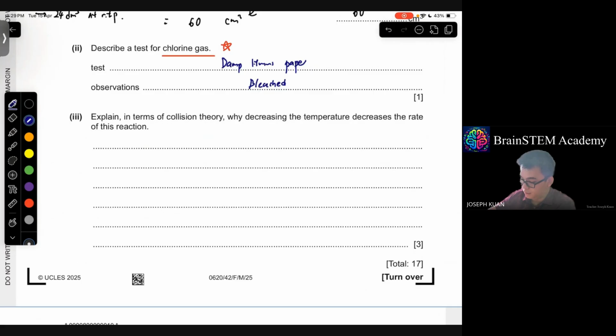Now, explain in terms of collision theory why decreasing the temperature decreases the rate of this reaction. Temperature is related to the average kinetic energy of particles.